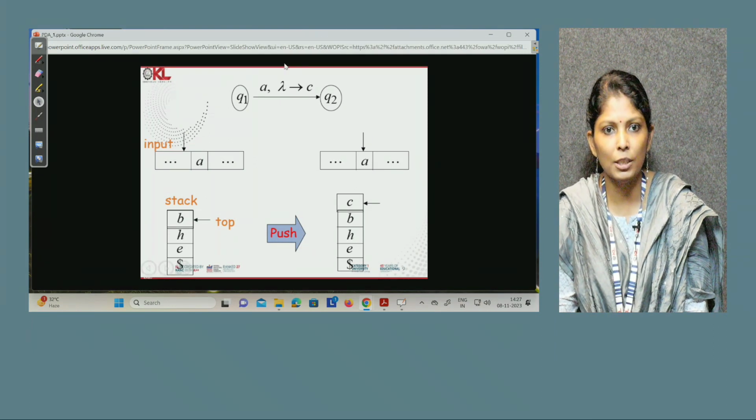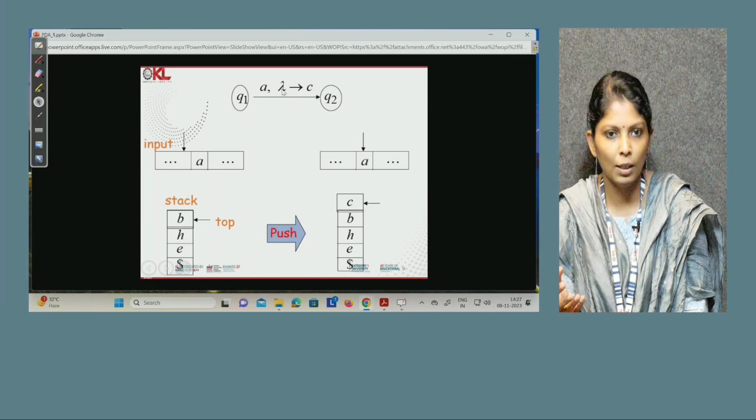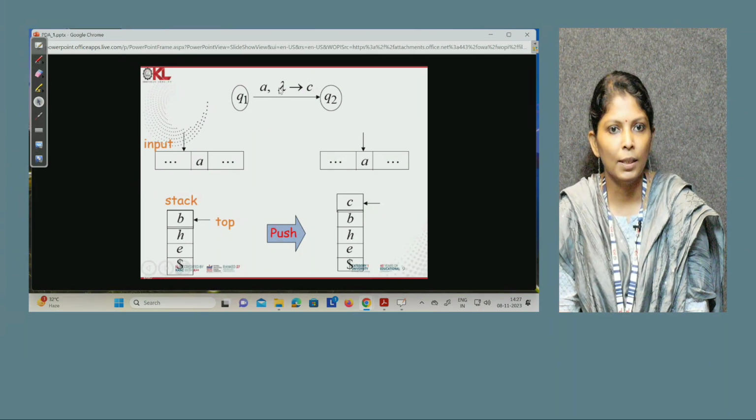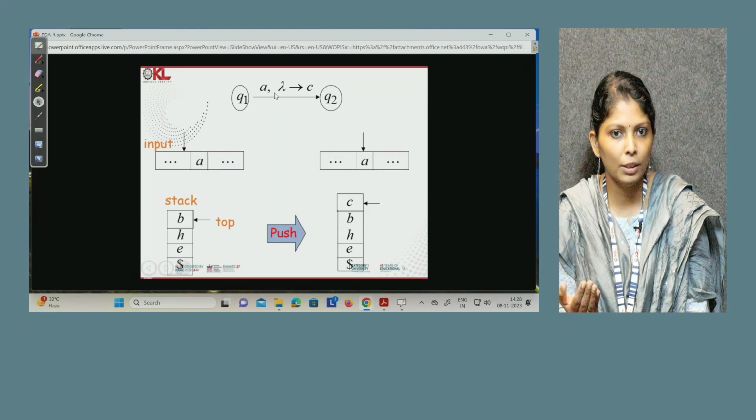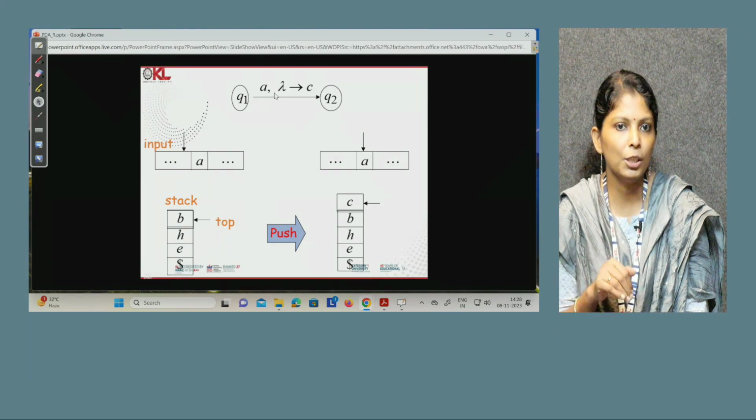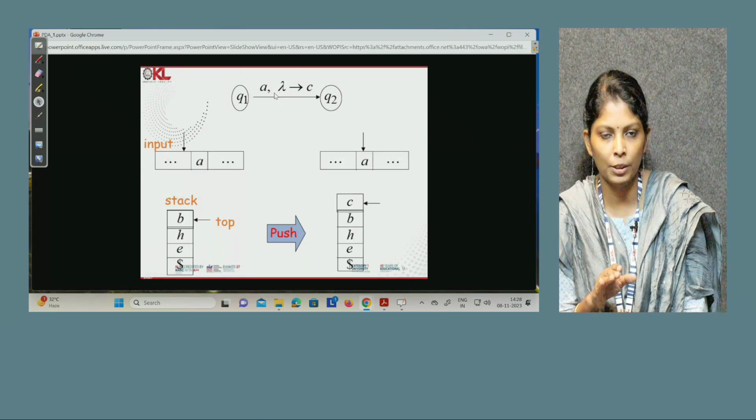Then another kind of transition is, instead of this B, we are representing epsilon or lambda, that means the null value. This means that we are not popping anything from the stack, instead we are pushing an element. There is no pop operation.